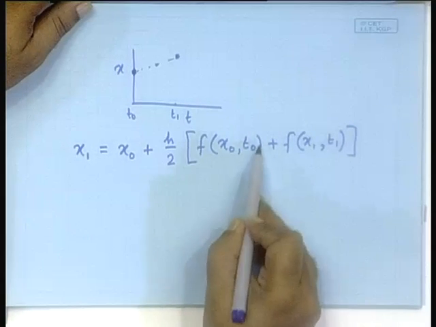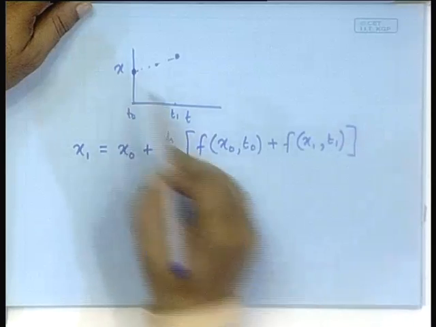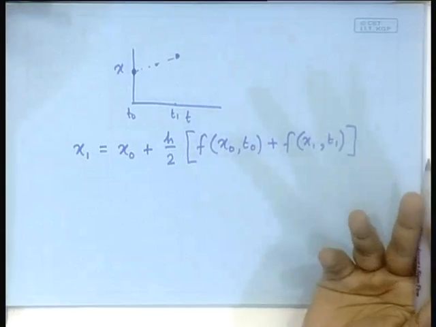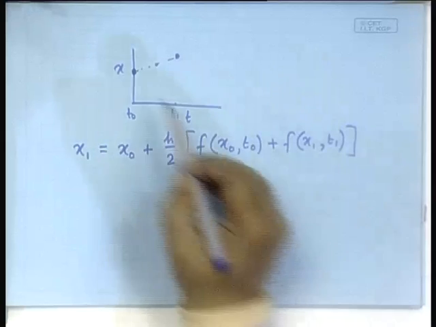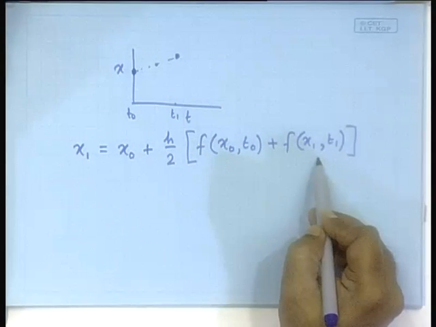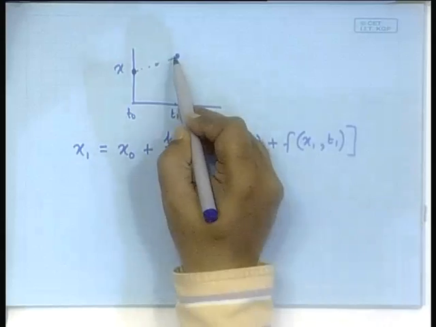So, what have we taken? The slope at this point and this slope at this point we have taken divided by 2. So, it is an average of the two. So, we have taken the average slope, but still the question remains, how do you know this? Because you have not yet reached here. So, you do not know this.